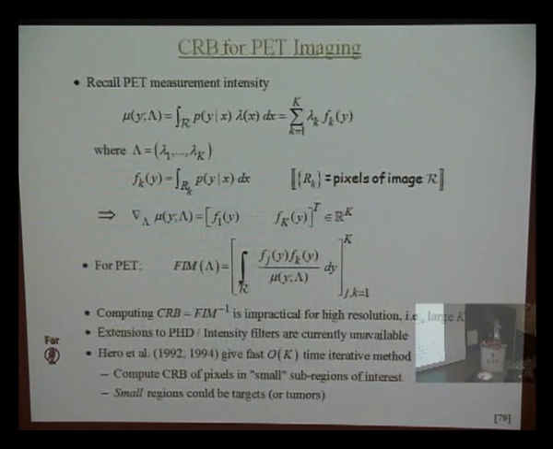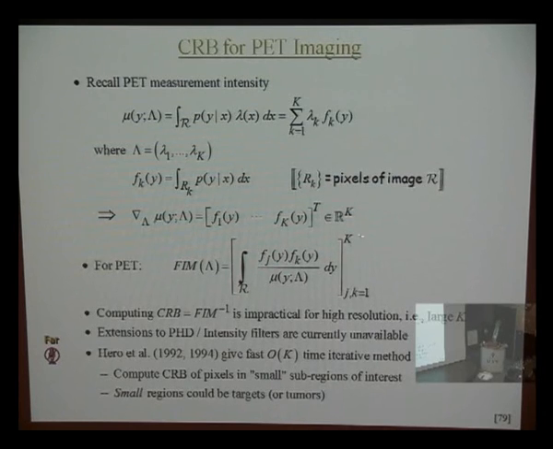So what is the Cramer-Rao bound for PET imaging? Well, just to recover things, this mu is the image that you actually observe, and you're looking for your ability to estimate these lambdas. The lambdas put into a vector of image form, that's the picture you're after. And to go all the way through, here is the Fisher information. It's an integral of these terms. Well, these terms are all knowable, but the key thing here is, yes, you can compute this.